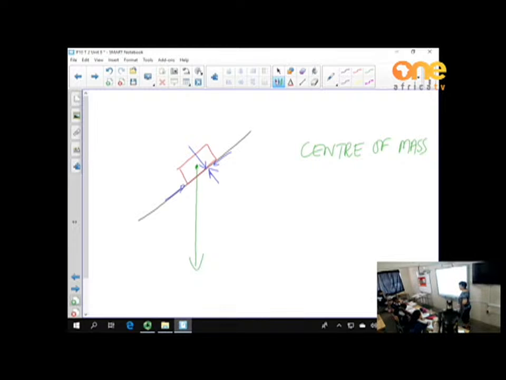But the center of mass is the point within an object over there from where the weight works vertically down. Do you understand, people? The center of mass is the point within an object through which the weight works vertically down. You with me? Okay.